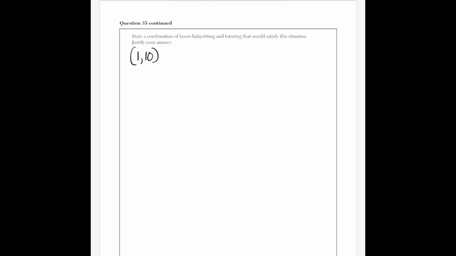And that means I have to rewrite my two equations. So I had y is greater than or equal to 1/2 x plus 10, and y is less than or equal to negative x plus 14. But let me actually do the other equations.